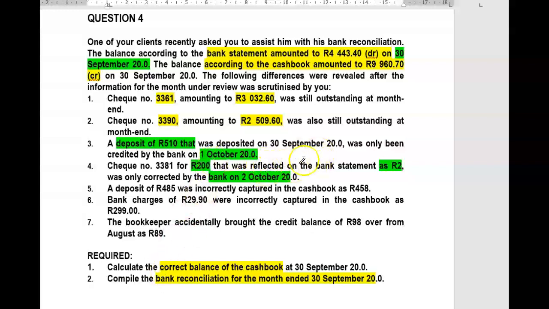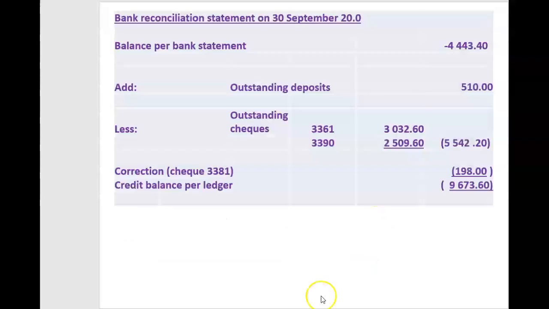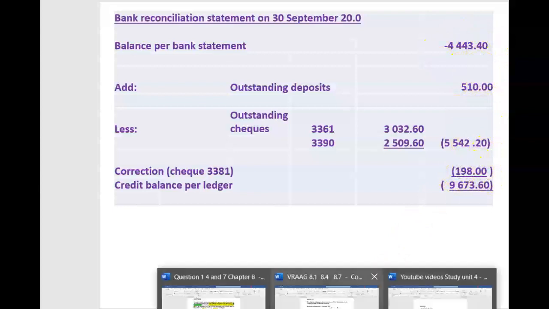So when they rectify this mistake, it's going to have a negative impact of 198 Rand on the bank statement balance, 200 Rand less 2 Rand. The balance is going to go even further into overdraft.